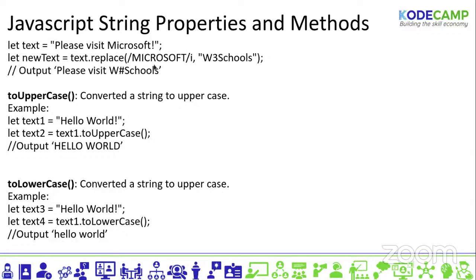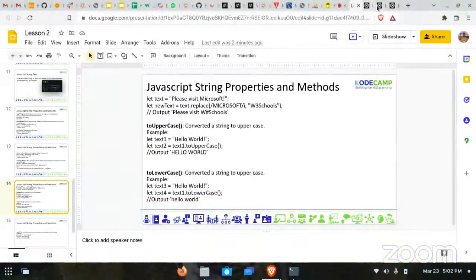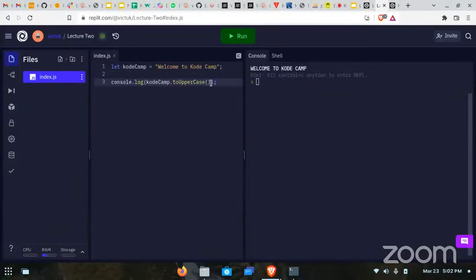So we could try that out if we go back to repl.it. Replace welcome to CodeCamp with zoom. Regular expressions don't start with quotes. They start with forward slash and end with forward slash.